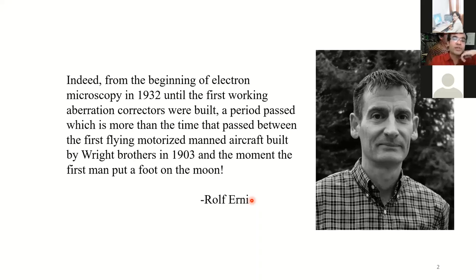The time was actually more than the time between when the Wright brothers invented the motorized manned aircraft and the moment when the first man put the foot on the moon. So that's why it's very interesting to talk about how the journey of this aberration correction went.